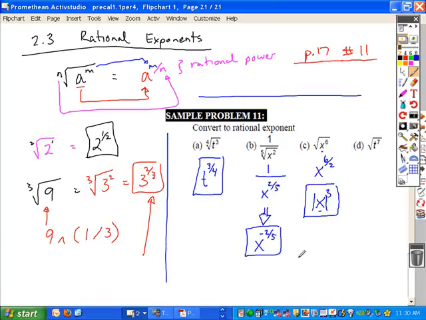Why isn't b an absolute value? Because that's x squared. On this one, the square itself is going to take care of the sign. Because if x were a negative number, which again, because the index is odd, you don't even need to worry about it. But if x is negative, when you square it, it becomes positive, and that's shown in this form here, with the power of 2.